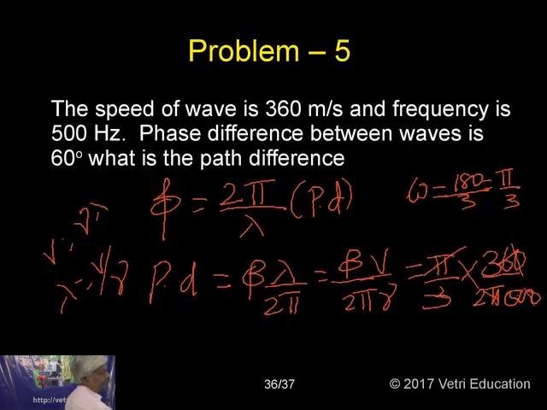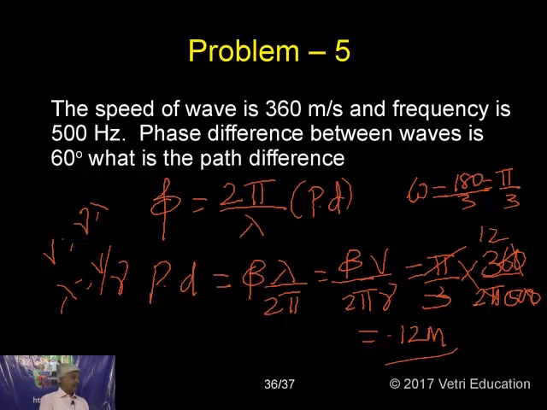This may be 12 by 50, that is equal to 0.12 by 100... 0.12 meter. If the phase difference is 60 degree, what is the path difference? Path difference becomes 0.12 meter, which is the correct answer.